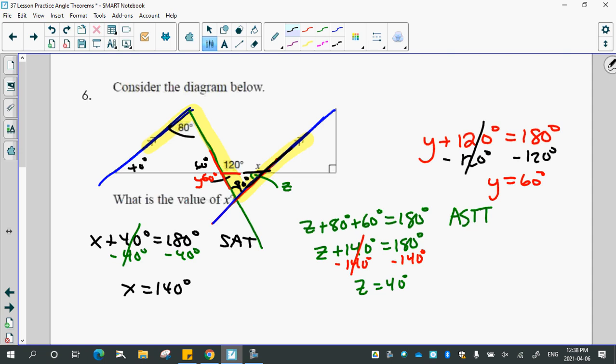And then the angle supplementary to X, if you extend it on to the right, is 40 by the F pattern, and then 180 minus 40. Good, good. Excellent.